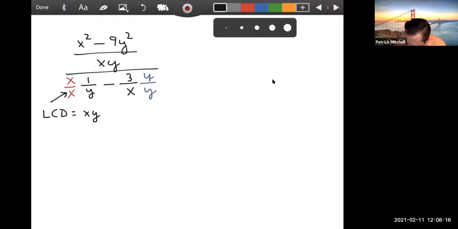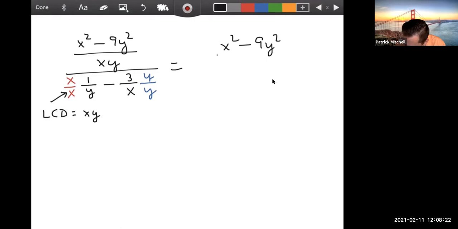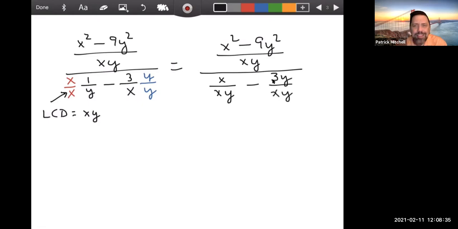So that is going to give me x squared minus 9y squared over xy minus 3y over xy. So now that those two little fractions in the denominator have the same denominator, I can subtract them.